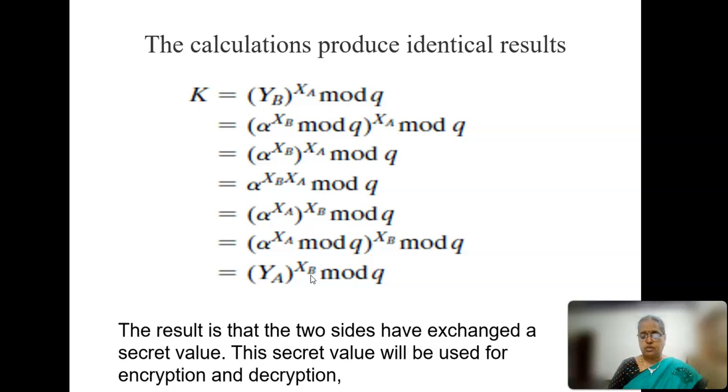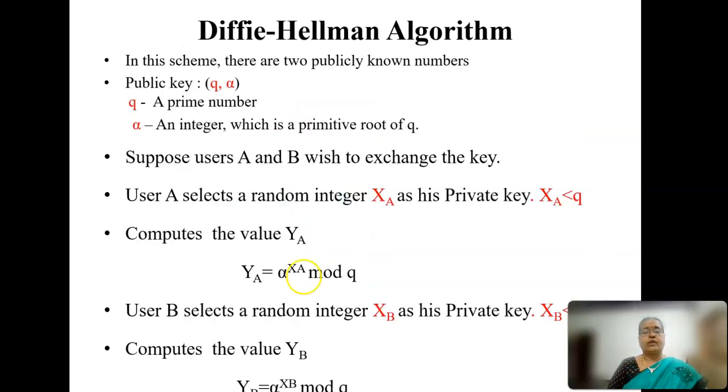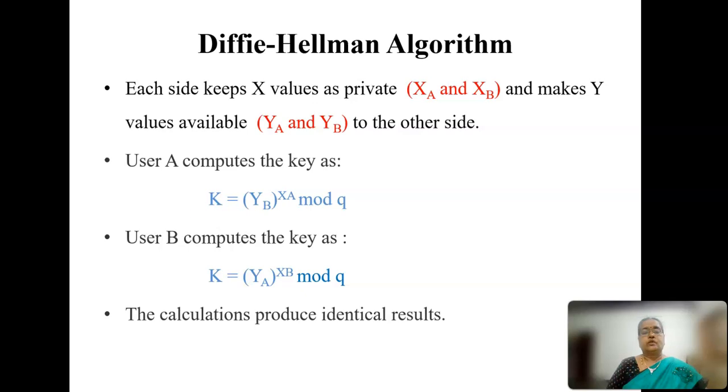So now this is nothing but the key K value calculated by B. We can move to the previous page. The value calculated by A is K equals YB raised to the power of XA mod Q, and the value calculated by B is YA raised to the power of XB mod Q. Both are the same. We start at this value and we end at this value.